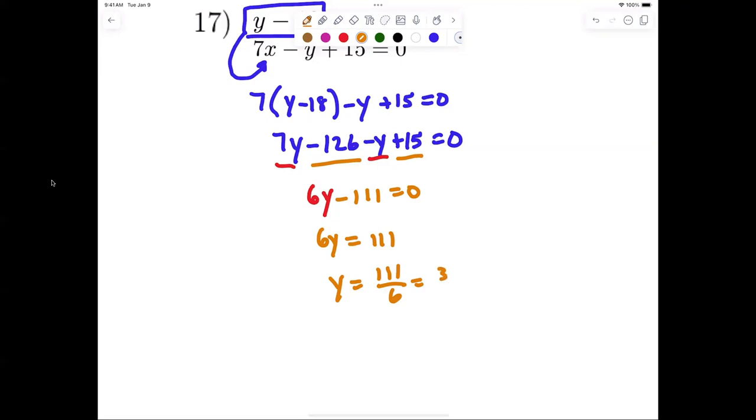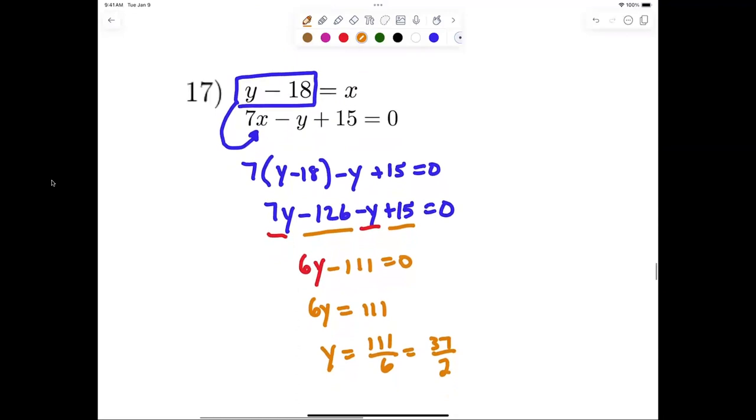And that will be 37 over 2. Say it again. I don't care if you write 18.5, but generally write as fractions. If you wrote 18.5, is it the same thing? Yeah, it's the same thing.